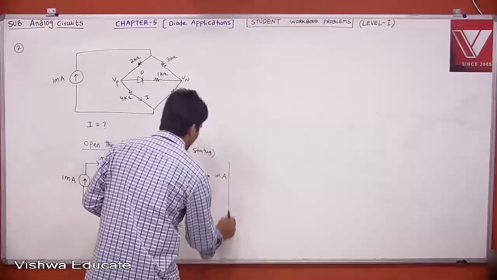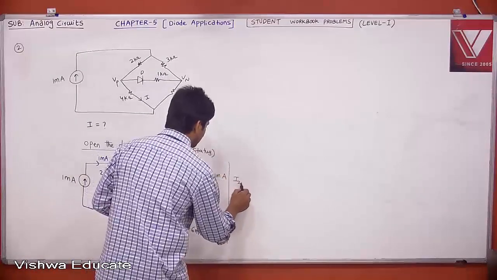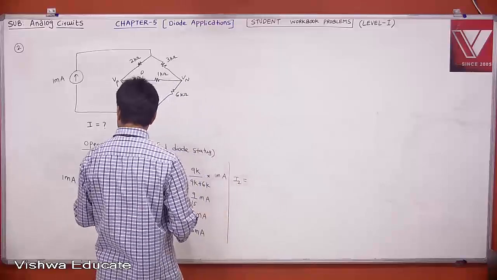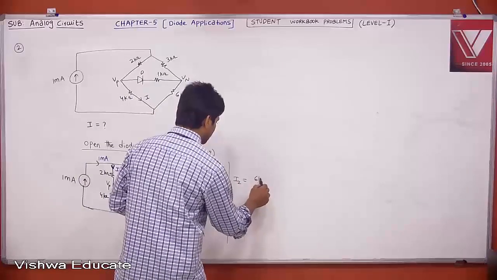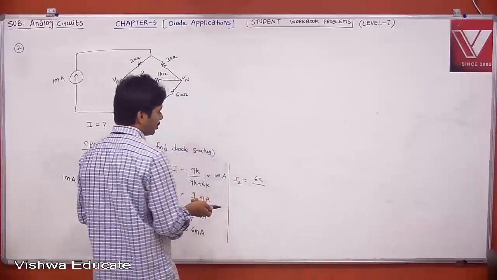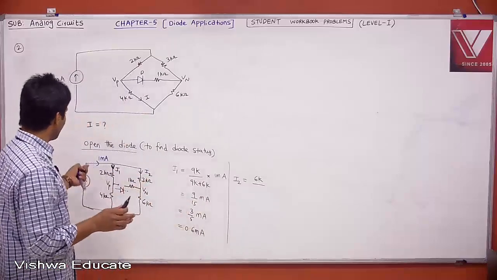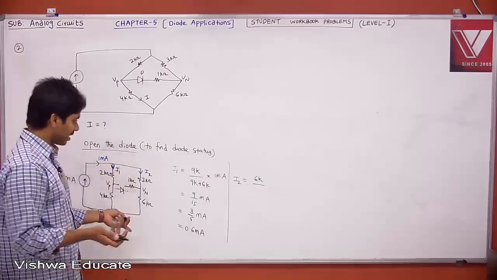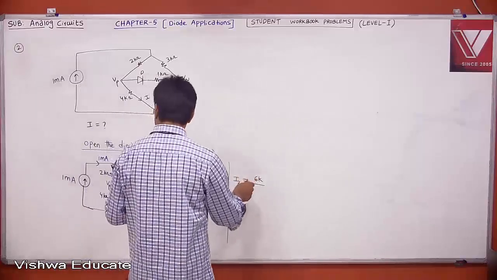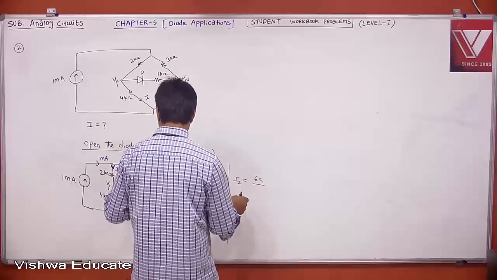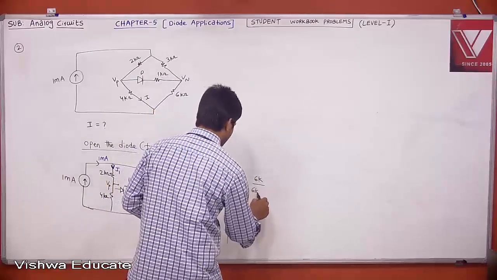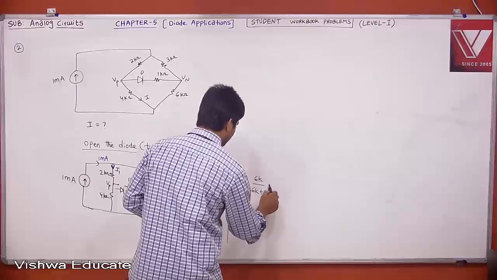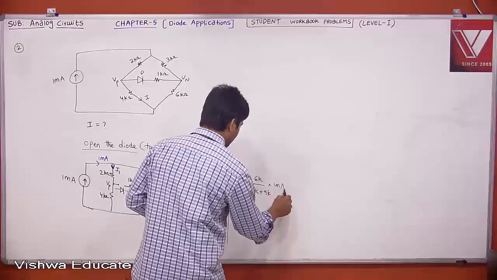Similarly, what is your I2? Actually no need to calculate, but just to confirm, because out of 1 milliampere 0.6 is going here, definitely 0.4 here. Still, I2 is the opposite resistance 6K divided by 6K plus 9K, into 1 milliampere.